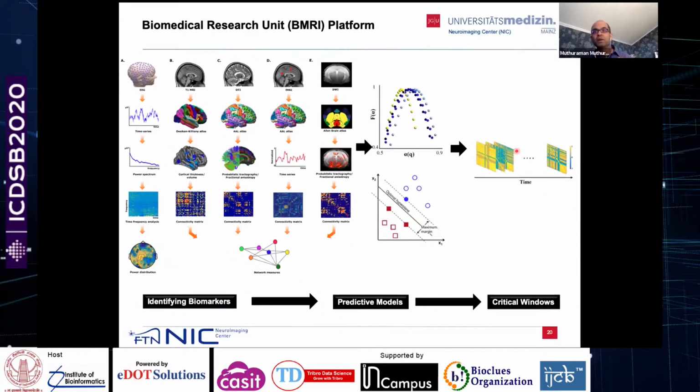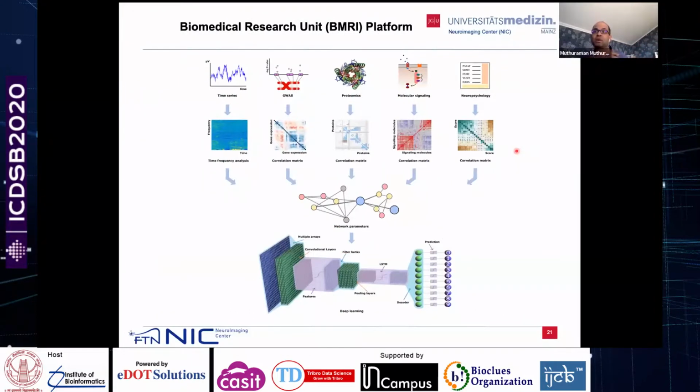And now, as we've seen a lot today about other things like gene expression, proteins, this is also one field we are newly touching, trying to find out about these kinds of modalities to develop them as matrices, and then as network parameters, and then look into deep learning algorithms to see whether we are able to use this also for clinical use.